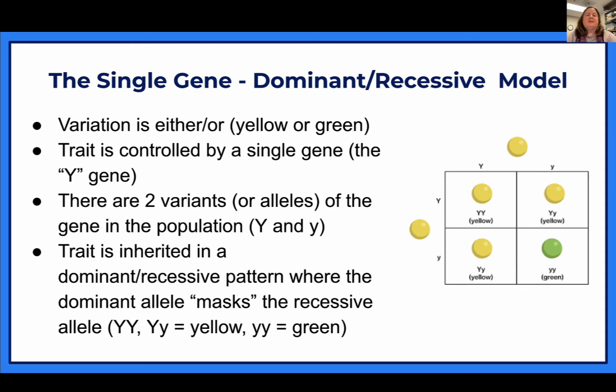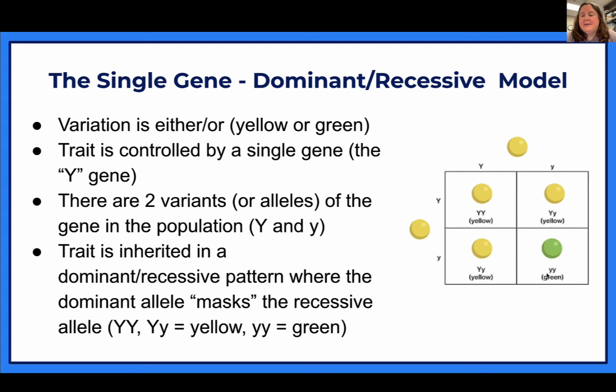Again, there are two alleles of the gene in the population, capital Y and lowercase y. The trait is inherited in a dominant-recessive pattern, where the dominant allele masks the recessive allele. So if you look at this, over here, little y is green.